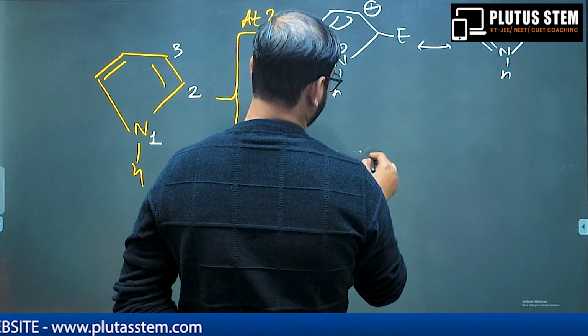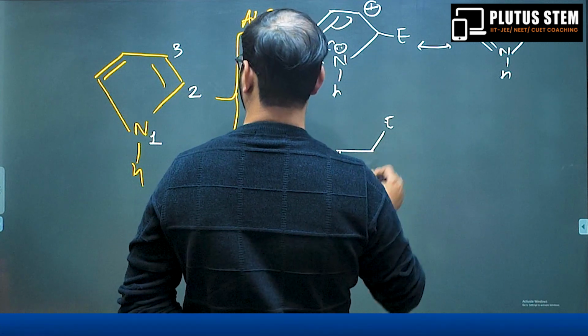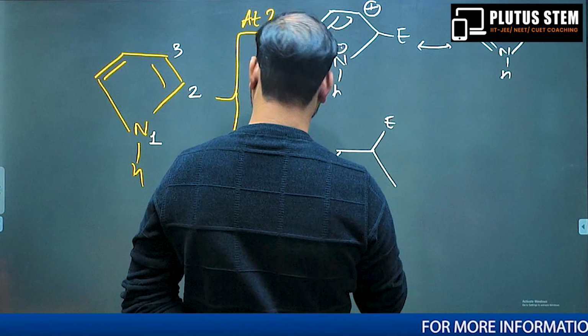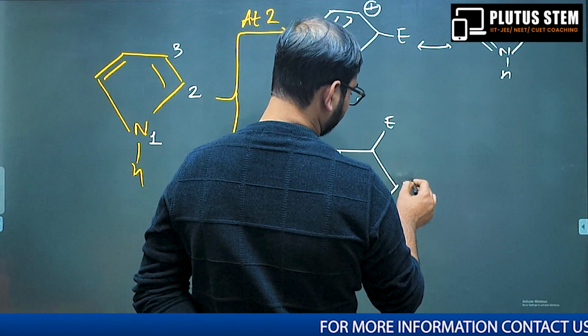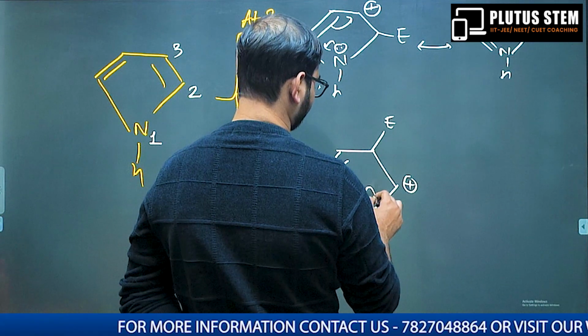Now, at position 3, this will be a positive charge, hydrogen here, and the lone pair will shift to stabilize it.